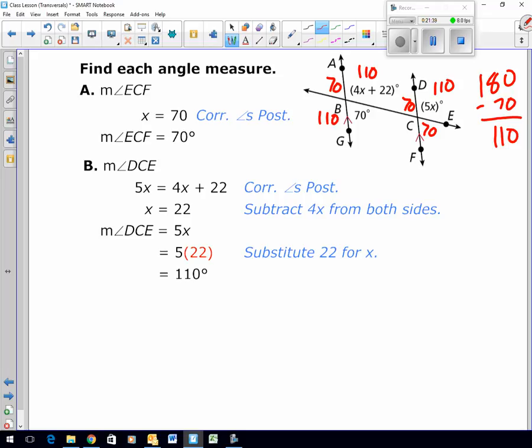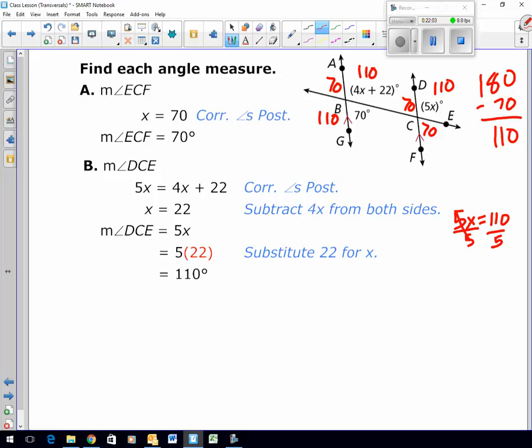So, I have a question. Would that be the answer to x? Well, you tell me. If we have 5x and 110, what do I have to do with x? You have to divide. I set 5x equal to 110, divide both sides by 5, and I get 22.